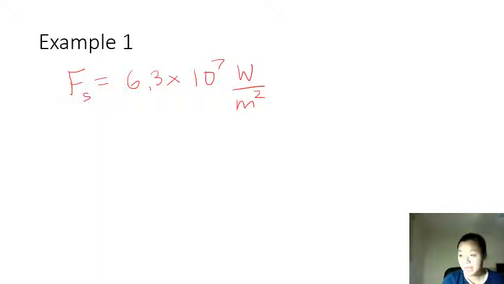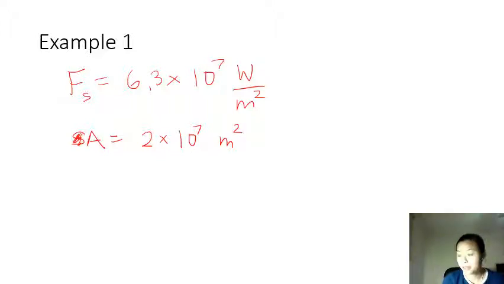And the area of the Earth, sorry, not the surface area, but the area of the Earth, is 2 times 10 to the 7th meters squared.